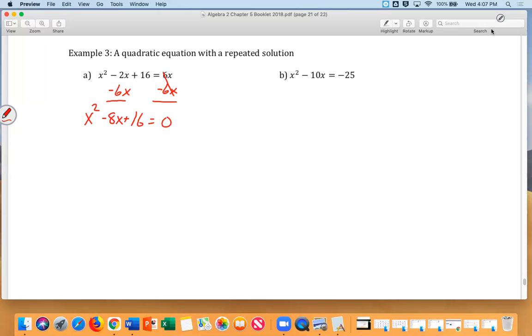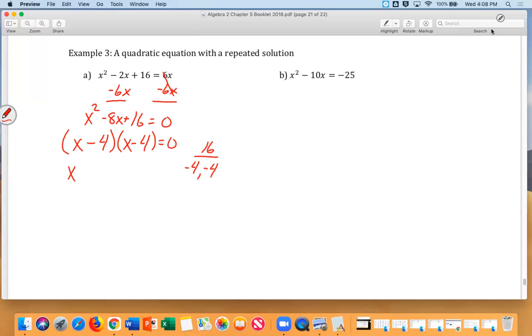So I have x squared minus 8x plus 16. I'm looking for the factors of 16 that add up to negative 8. So it needs to be negative, negative. The only factors of 16 that add up to negative 8 are x minus 4 and x minus 4.